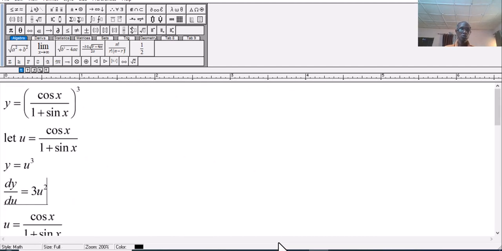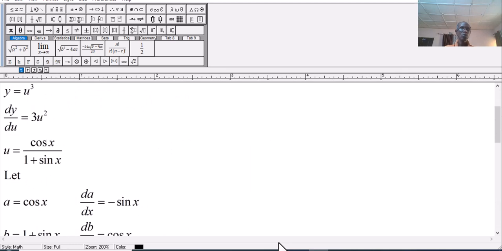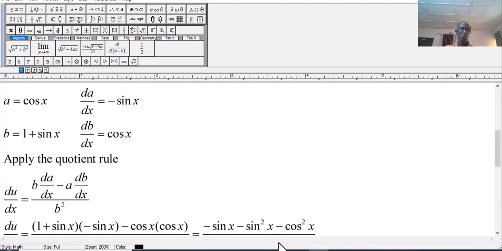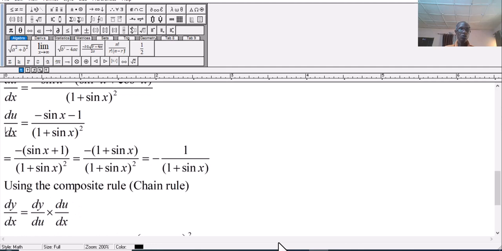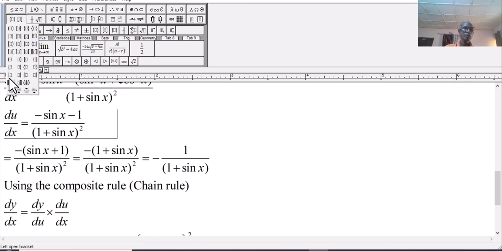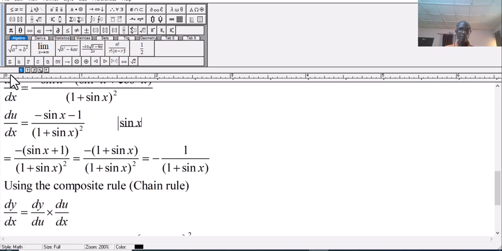Let me tell you why this one is 1. So let's put a reason for that: sine squared x plus cos squared x equals 1.